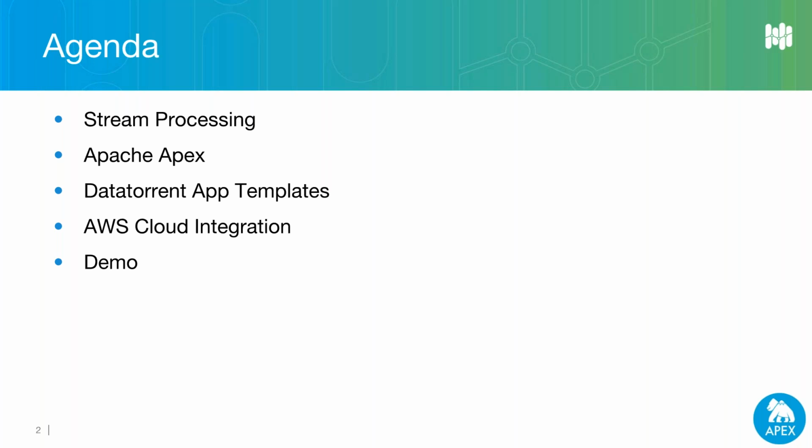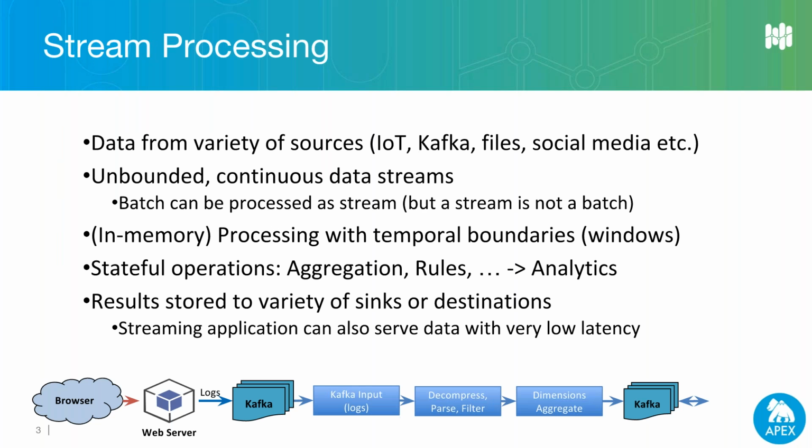Then I'll give you an introduction to what we mean by Datatorrent App Templates, and after that we'll see what we term as AWS Cloud Integration, which is basically a feature that we are providing, wherein you can download some scripts from our website, and for you to quickly be able to spin up an AWS EMR cluster and run Apex applications. And after the presentation, I will give you a demo of how to use that feature so that it will be very easy for you to get started.